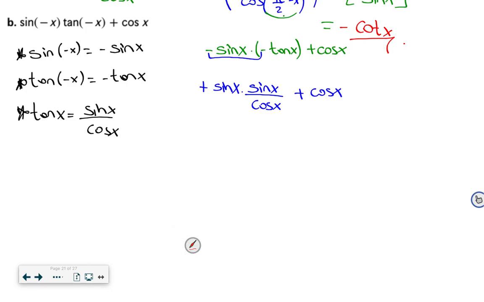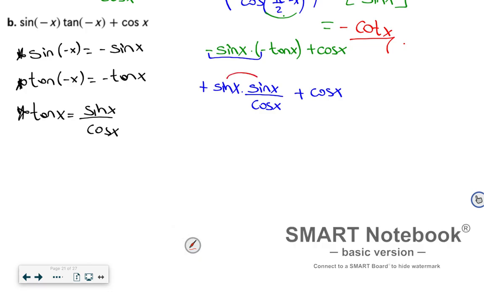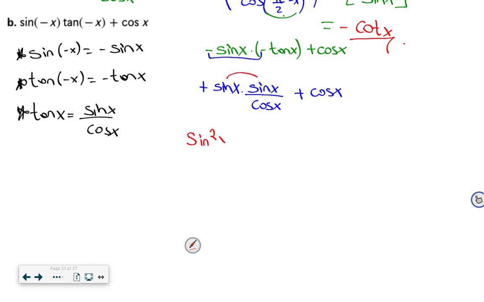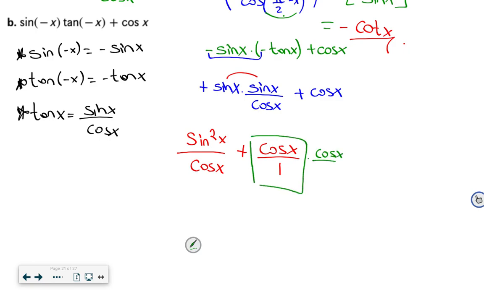If you multiply this, you will get sine square x over cosine x plus cosine x. What is the denominator of the cosine x? It is 1. To be able to add these two fractions, we need to expand this by cosine x.